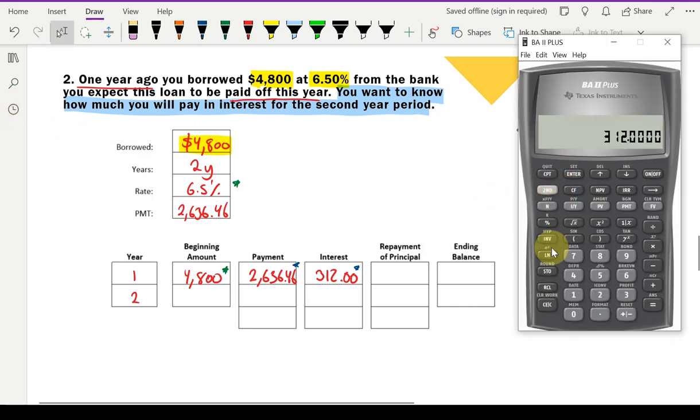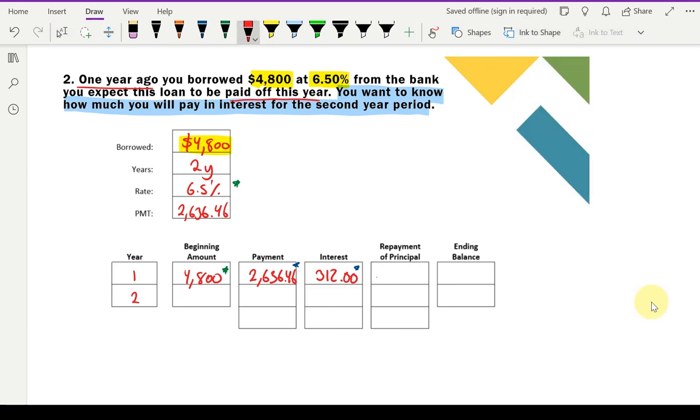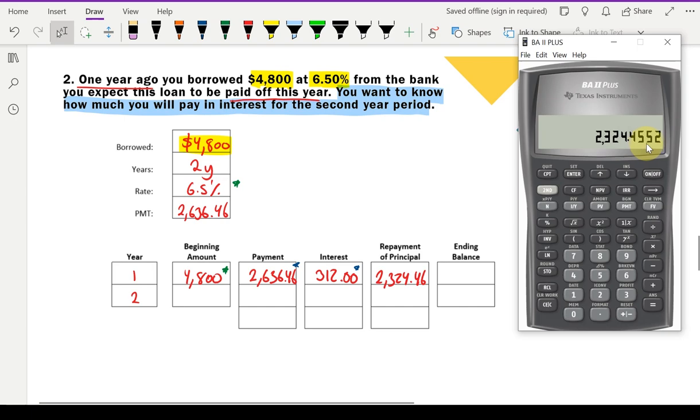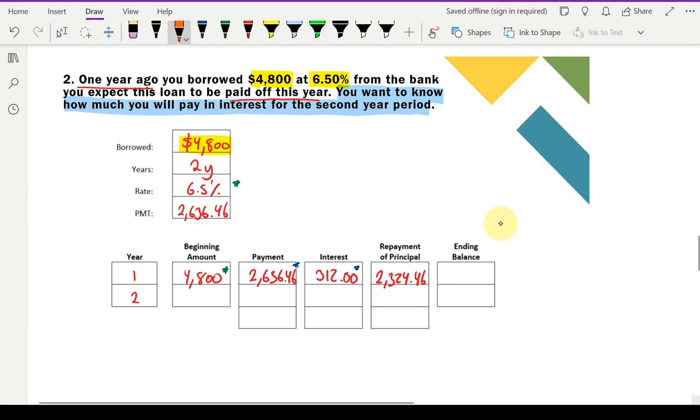So I'm just going to get back that payment I computed. Then I'm going to make it positive, and I'm going to subtract $312. So what I pay towards the principal of that loan is actually $2,324.46. Let's see if we get that right. 2,324.46. And now the ending balance is our beginning amount minus what we paid down in principal.